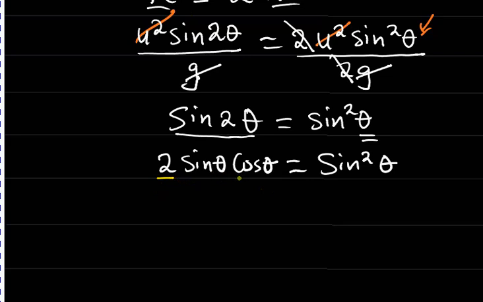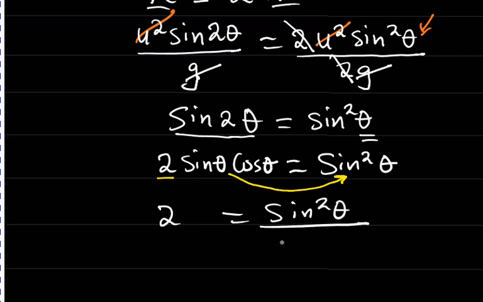So I would rather have sine squared theta divided by sine theta cos theta at one side of the equation. So it's going to be 2 is equal to sine squared theta, all divided by sine theta cos theta.